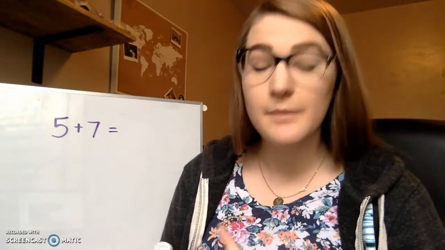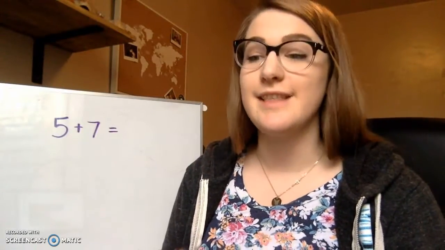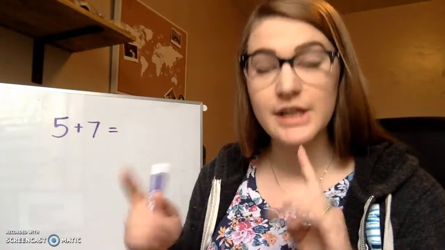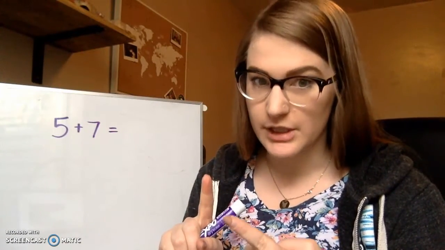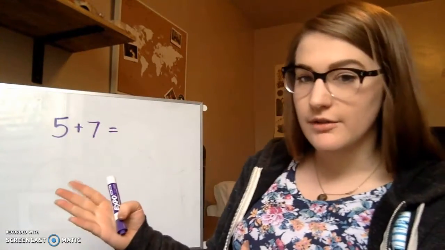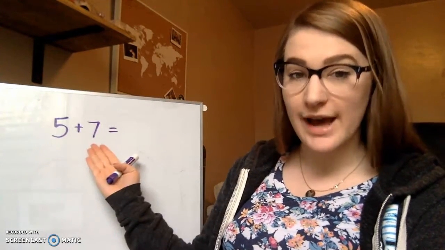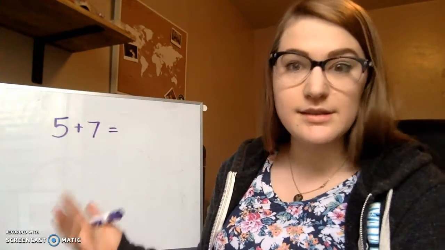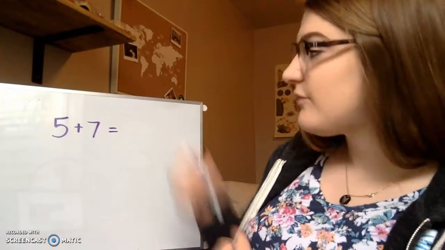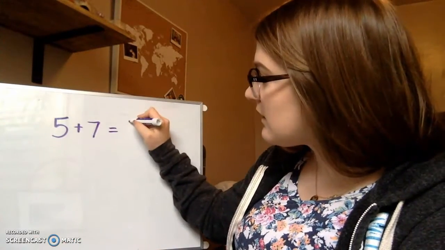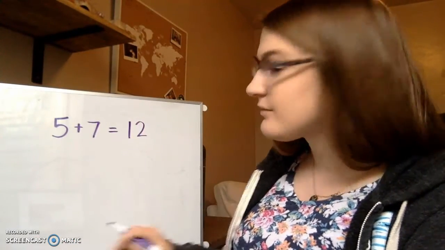Now, something I want to make sure that we remember is that addition and subtraction are inverse operations. So, I'll give you the example here. If we do 5 plus 7, we have 2 addends here. What is the sum going to be? The sum is 12.